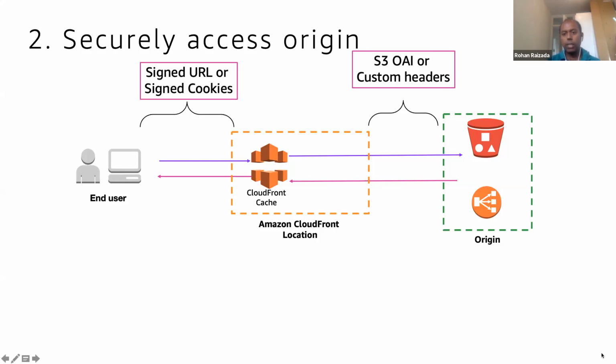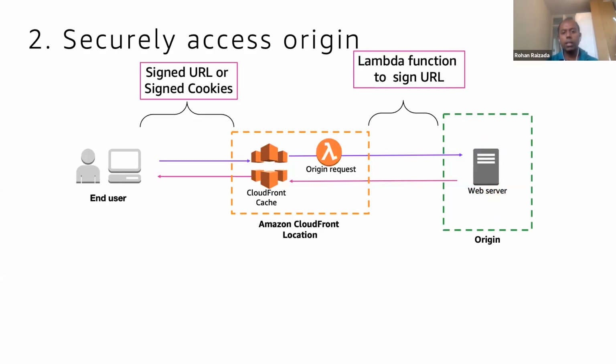However, some customers might be using a custom web service, and they want a custom signing mechanism. In those kinds of use cases, you can leverage a Lambda Edge function. Once the request comes in, the Lambda Edge function can add additional information based on any algorithm or logic before sending the request out to the origin.